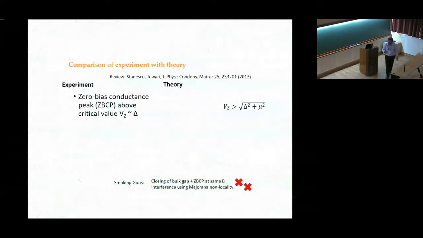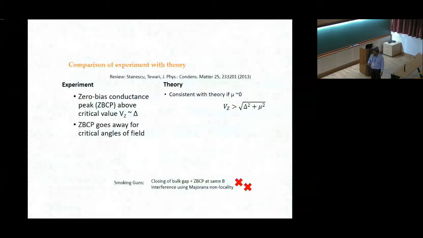All right, so this is where the experiments and theory stood up until about 2 or 3 years back. Experimentally, they found a zero bias conductance peak above a critical Zeeman field, which is consistent with theory if mu equals 0. The chemical potential is 0.